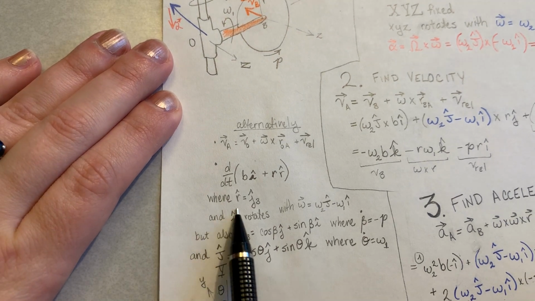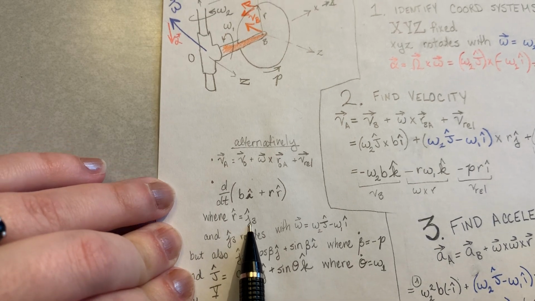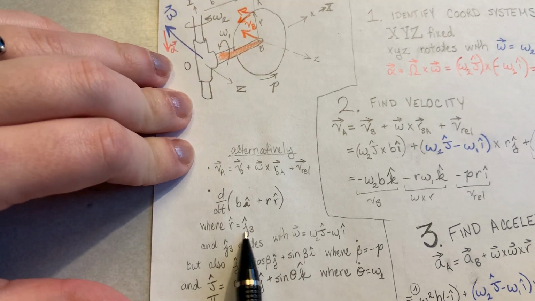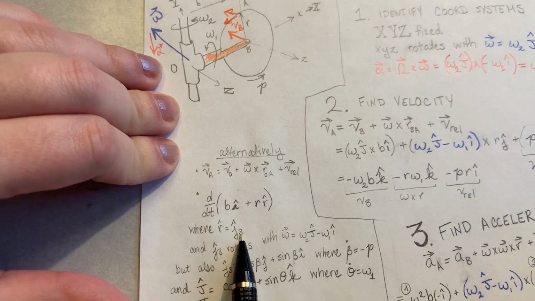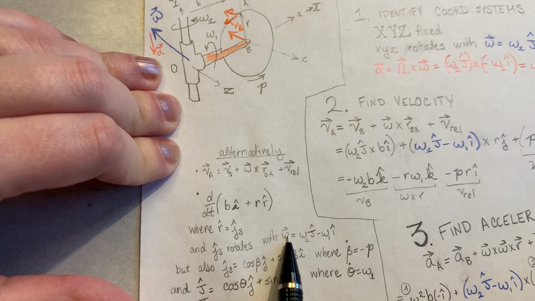All right, so you'd have to define r hat in some other coordinate system, like I'm going to call it J3, since we already have a capital J and a lowercase j, and it would be, at this point, aligned with J3, but it rotates with some omega.